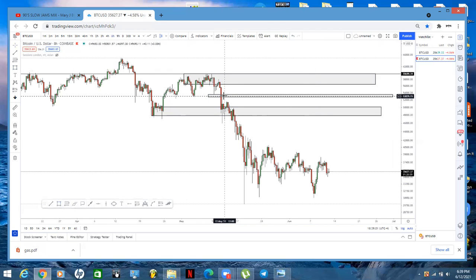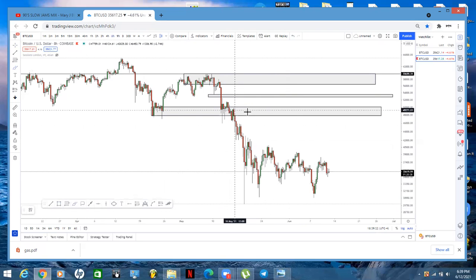So you have a level of imbalance right here that price can come into, tap into that level, mitigating these long positions that they took to create this low right here. Also, just kind of mitigate more longs into this order right here. So it can get tricky once it gets to this area.